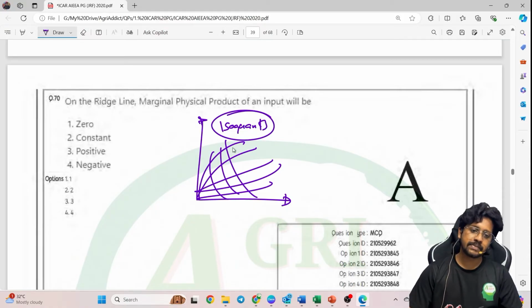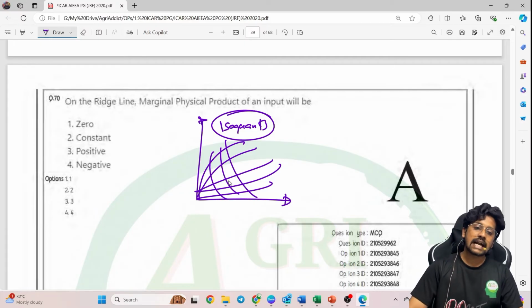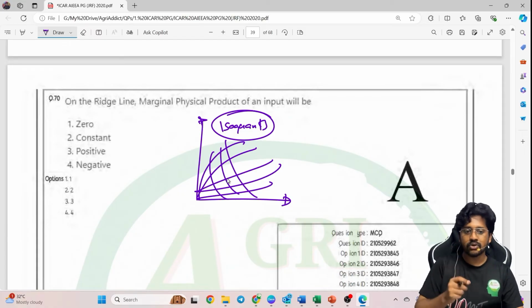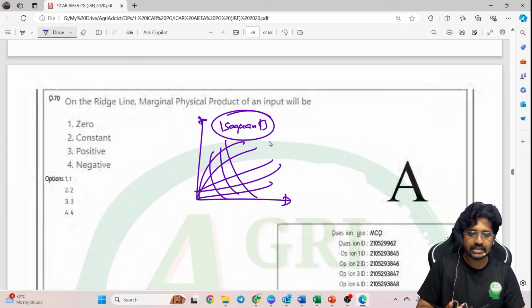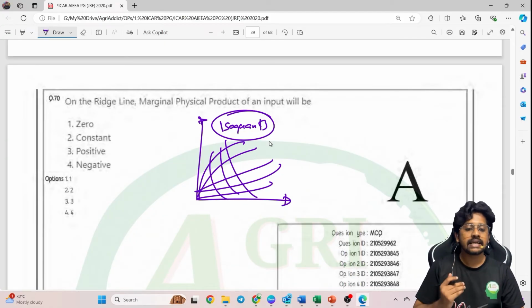The isoclines will be connecting those points which have equal slopes among the isoquants with a line, and that can be considered as an isocline. Ridgelines are specialized isoclines which will be separating the zone of feasibility and non-feasibility.